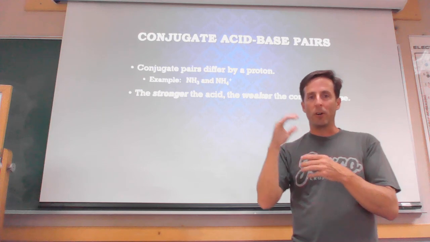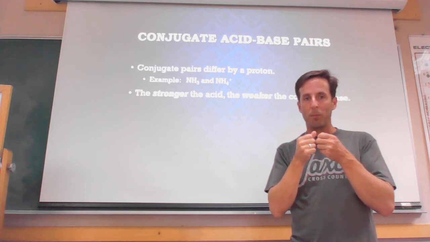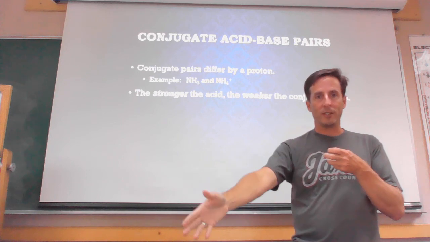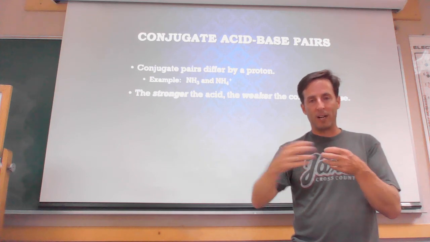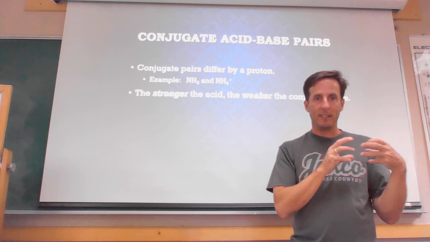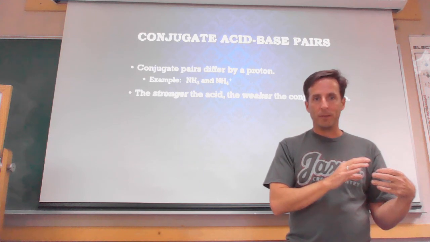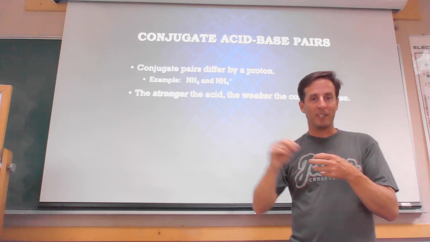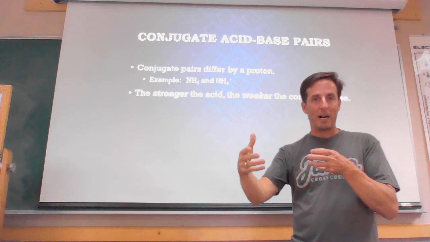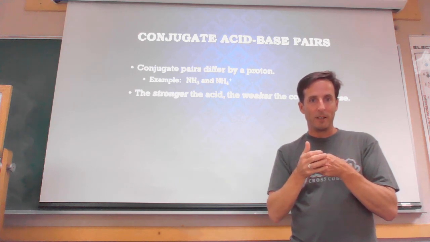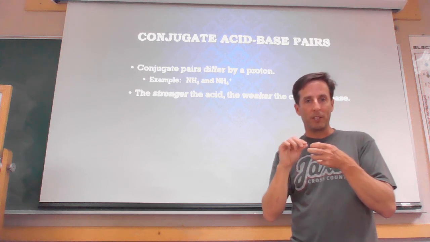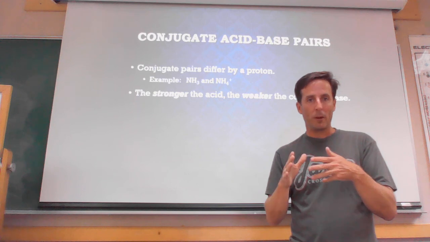Whether something is strong or weak tells how well it can give its hydrogen away. A strong acid will always give its hydrogen away and exist in the form without the hydrogen. A weak acid is not very good at giving its hydrogen away. So most of the time the hydrogen is going to stay attached. Only a few molecules of a weak acid will be able to give its hydrogen away at any given point.